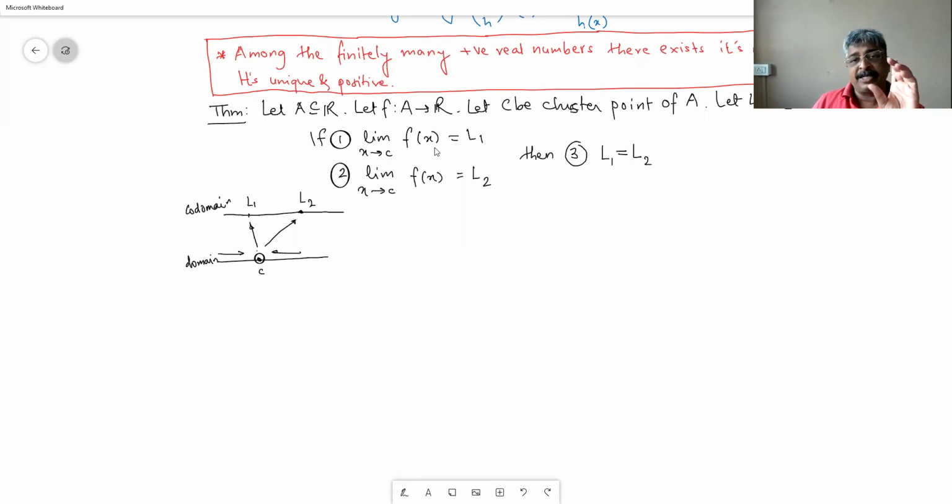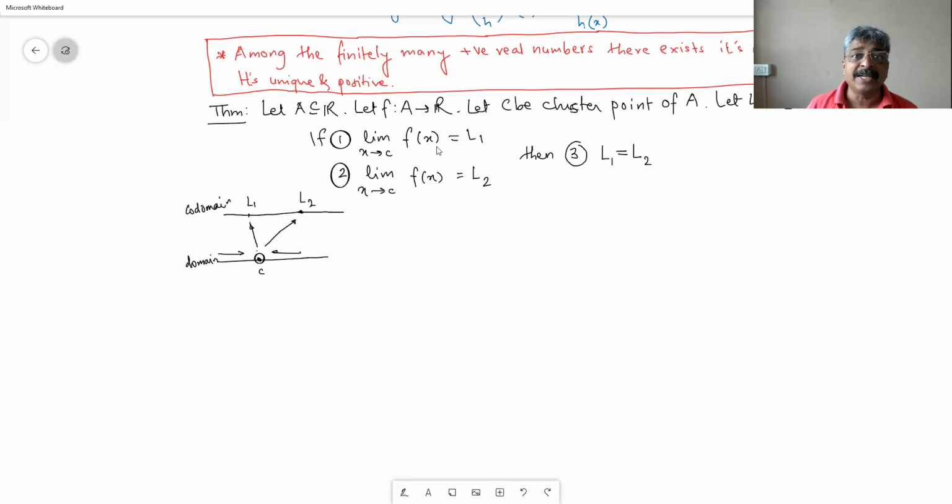We are not interested in figuring out what happens at c. However, whatever happens at c, if the point c is in the domain and the function is well behaved, whatever happens in the neighborhood of c is something similar. Only then are we going to say that the limit exists.